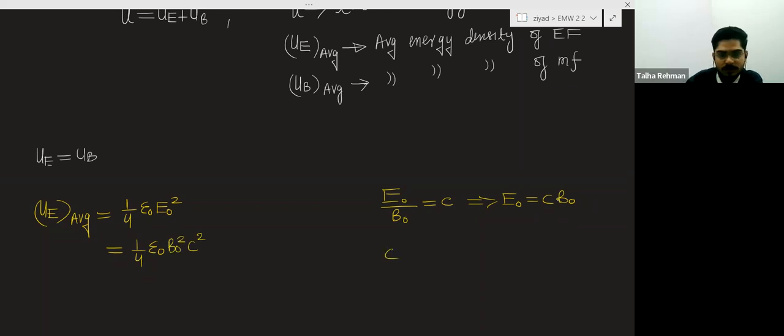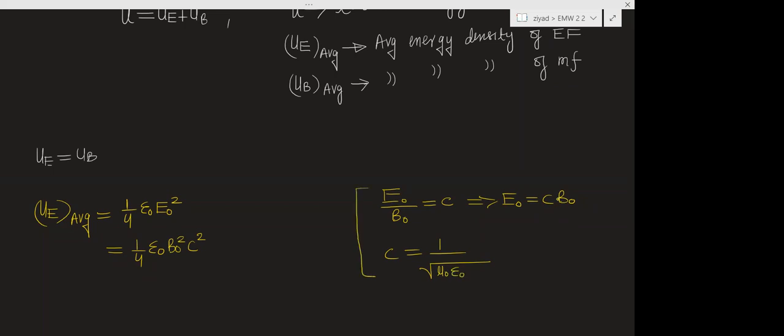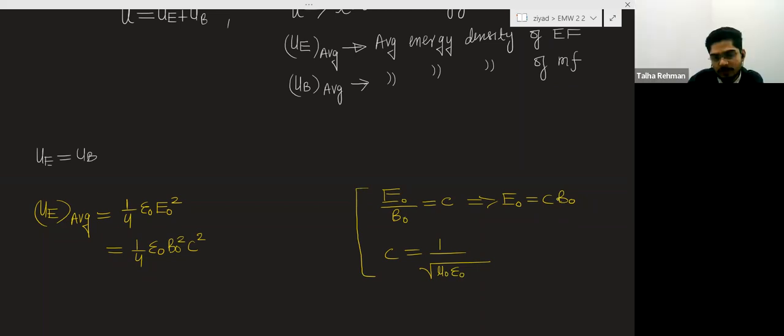Now there is a relation: C is equal to 1 upon under root mu naught into epsilon naught. This is the relation we have discussed in this chapter. Now the value of C we will put here.